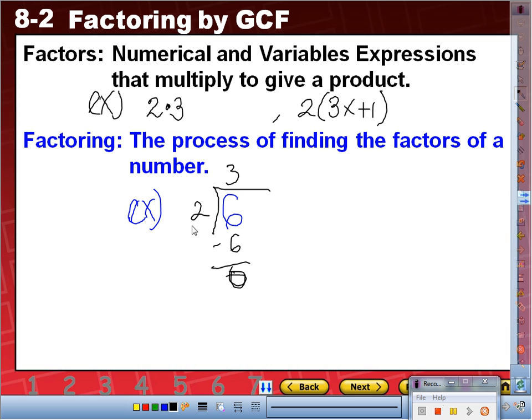But what is the process that I use to get the factors? Division. So from now on, whenever you hear the word factoring, or when they say factor, they're referring to dividing. So the process to find the factors is called factoring, which is dividing. Always. Okay? Everybody got it?